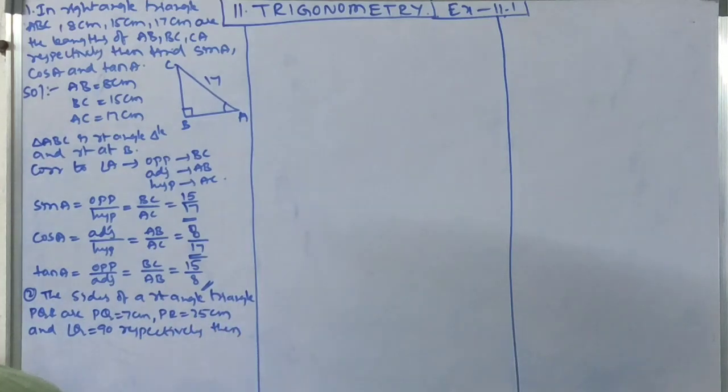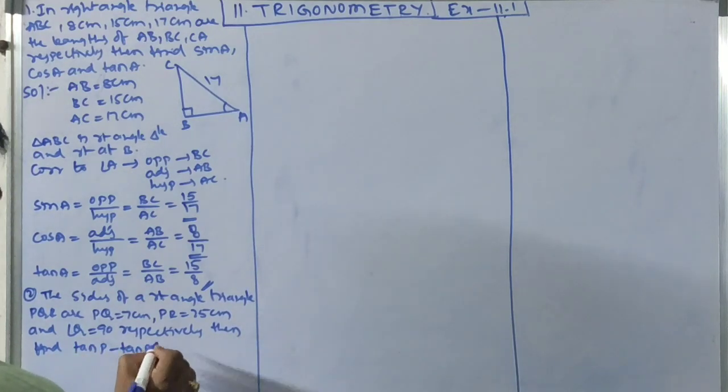Then find tan P minus tan R. Okay, so we need to find tan P minus tan R.